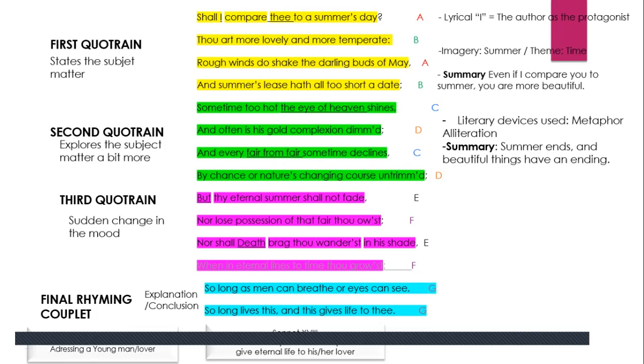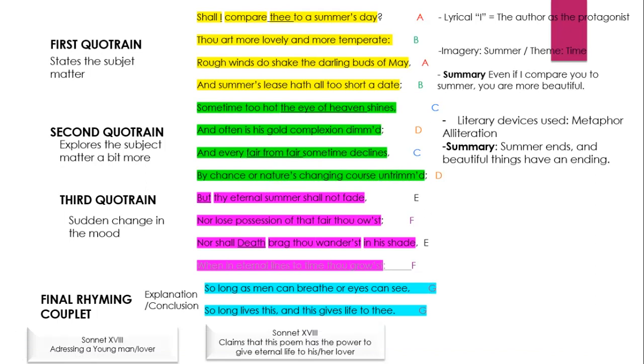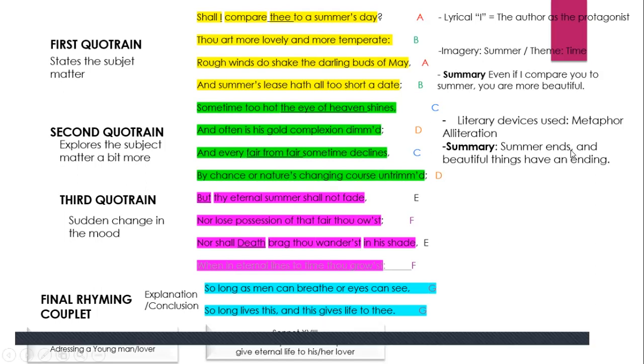And this idea that we get tired of hot weather. Even the sun loses its beauty. Here we have the summary of this second quatrain: summer ends, and even beautiful things have an ending.